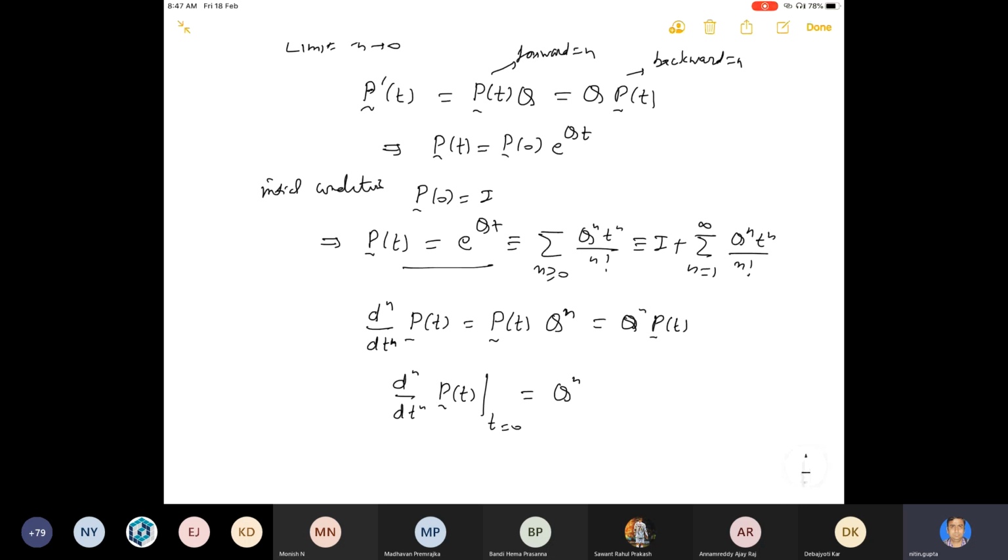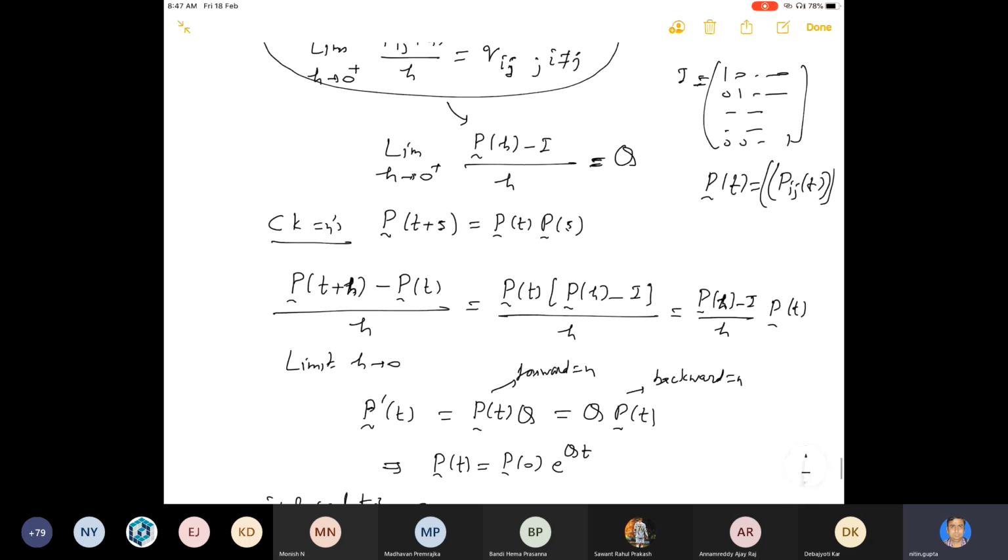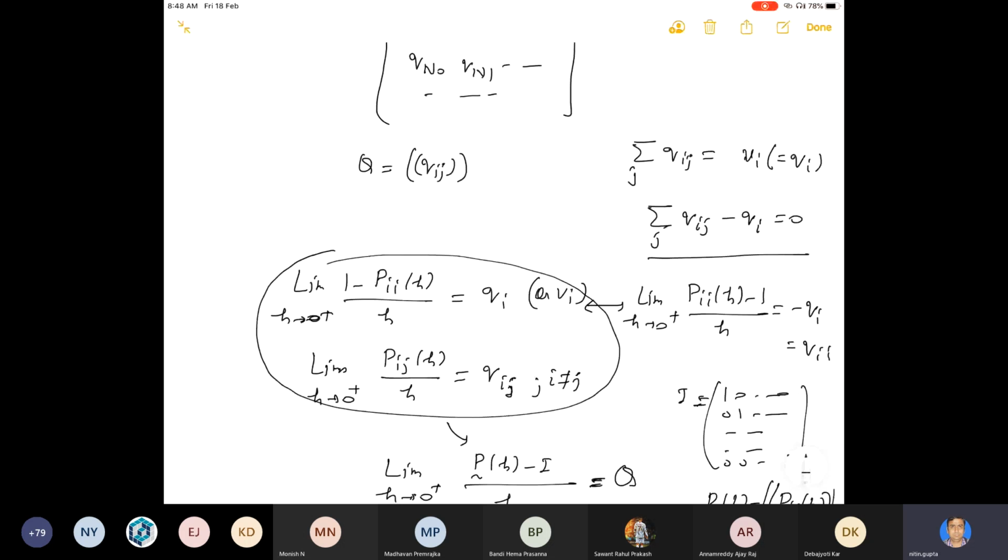Okay, so this was about analysis using matrices, because detailed analysis we have already done. So just using matrix, we can also do the analysis using the generator, which is also known as the infinitesimal matrix. So take an example.